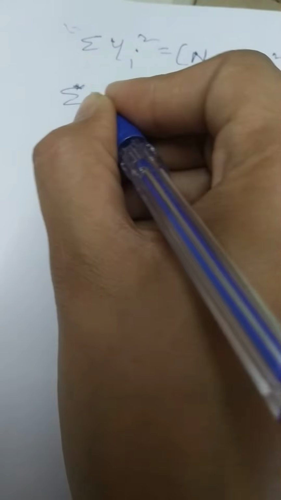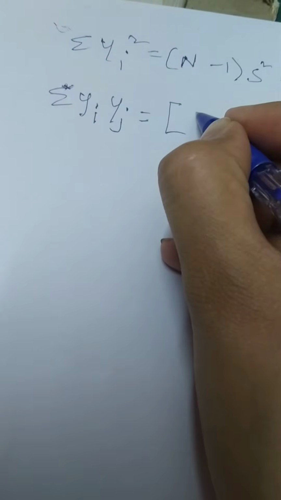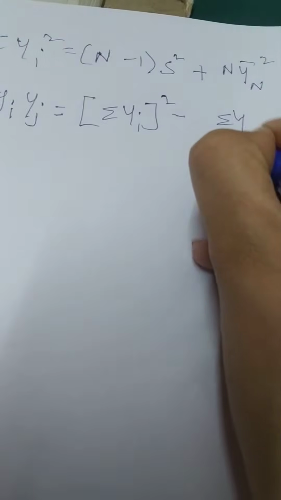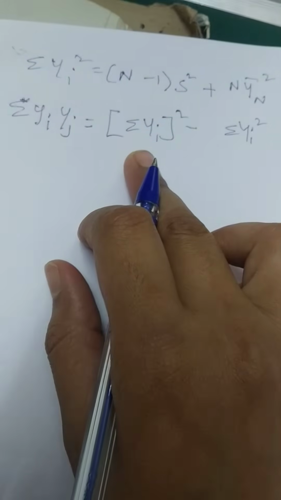So for that, what I will do, summation of yi yj. The formula for summation of yi yj is summation of yi whole square minus summation of yi square. Just see my previous lectures, you will remember all these formulas.